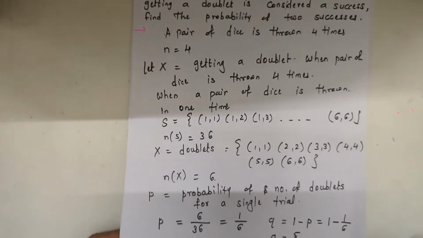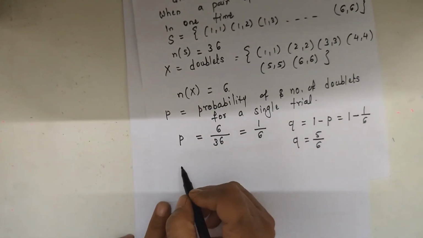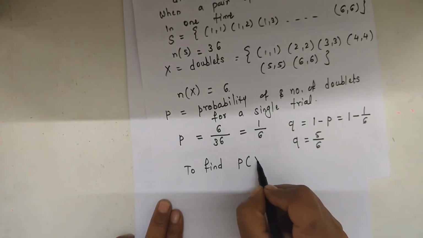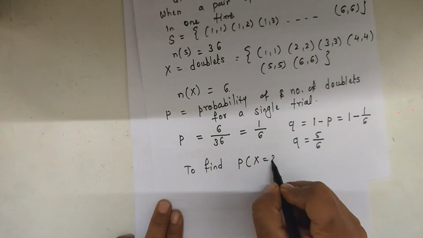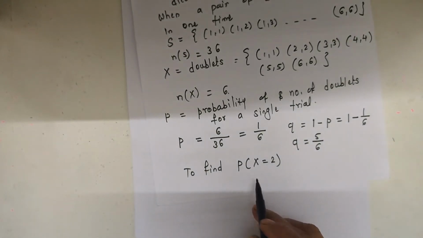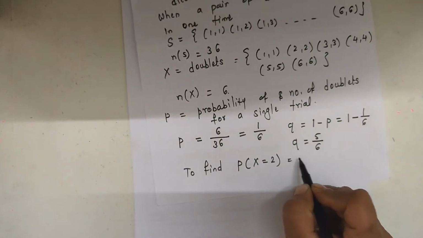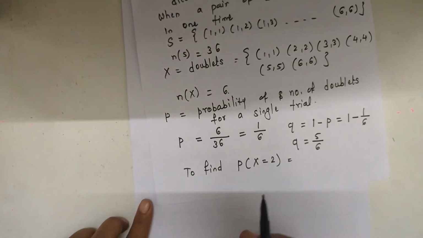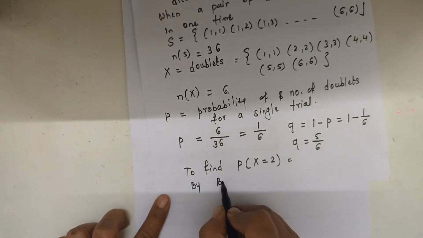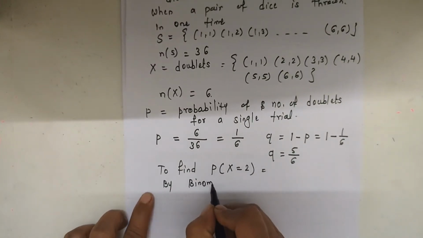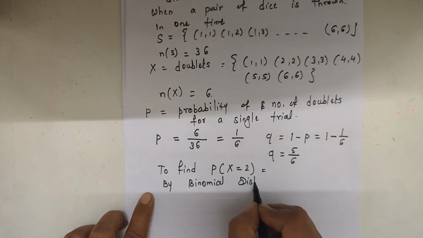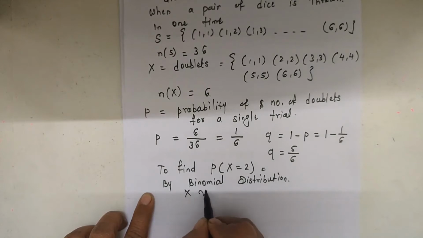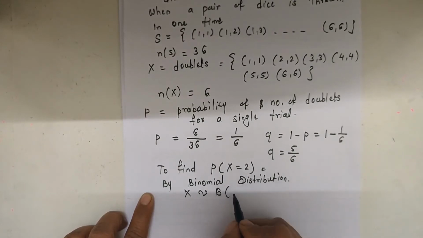So using the binomial distribution, to find the probability of x equal to 2, that is the probability of 2 successes, X follows the binomial distribution with parameters n and p.